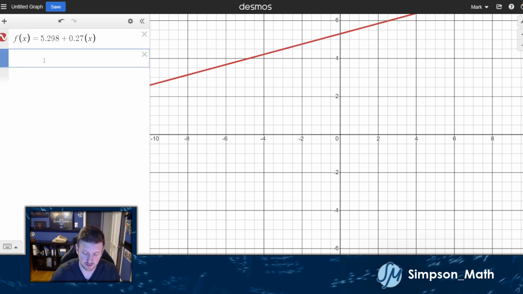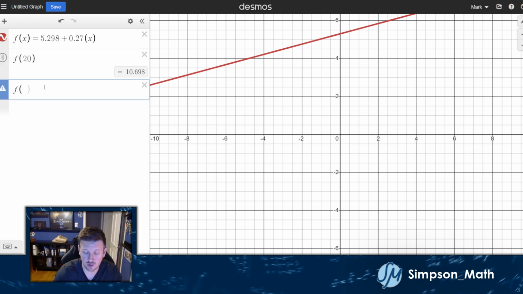So I have f of some team that is at 20. They spend $20 million, then they're going to expect to win 10.698 games. If I then was 12 million more, that'd be f of 32.